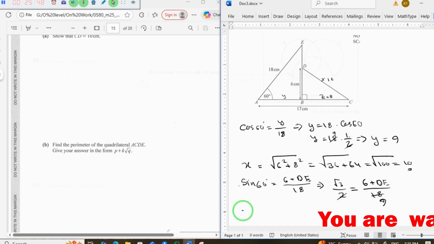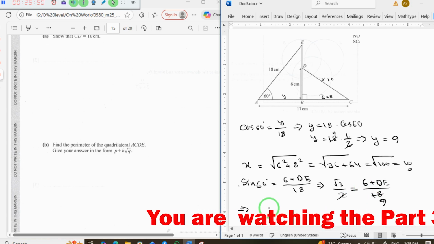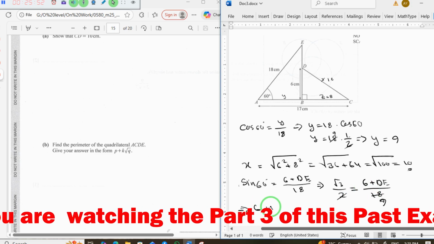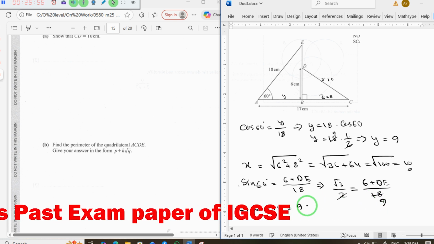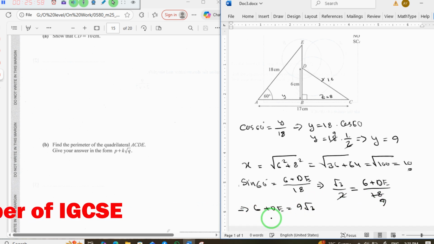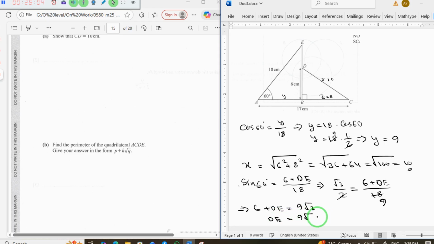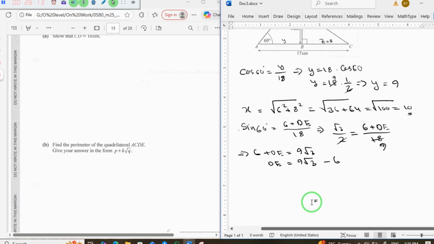Then we cross multiply. 6 plus DE is equal to 9 square root of 3. Then we can write DE is equal to 9 square root of 3 minus 6. This is the amount of DE.